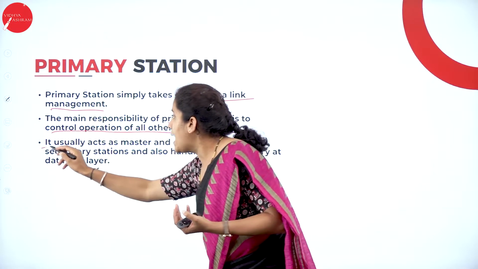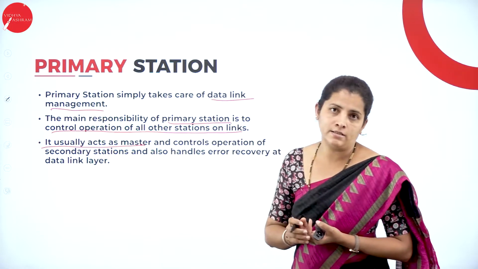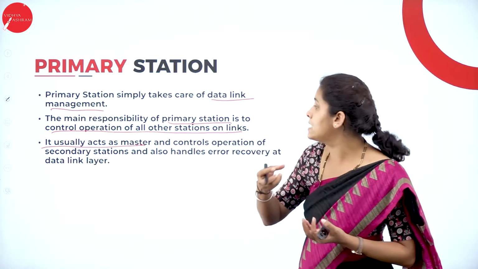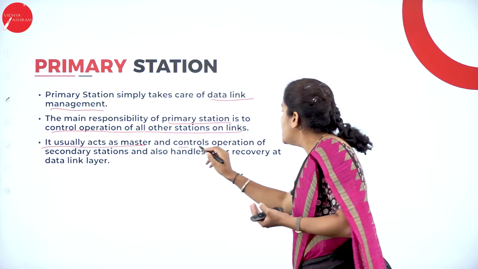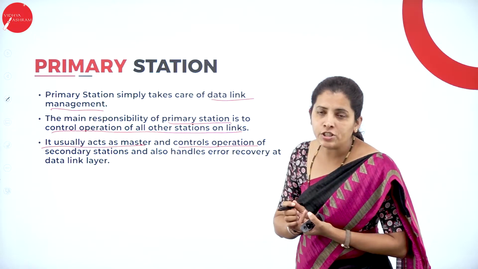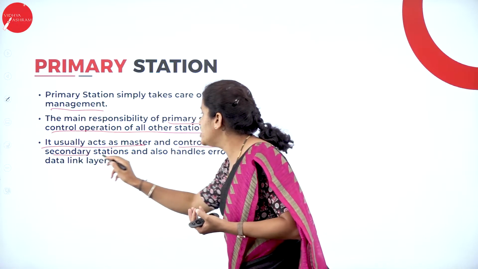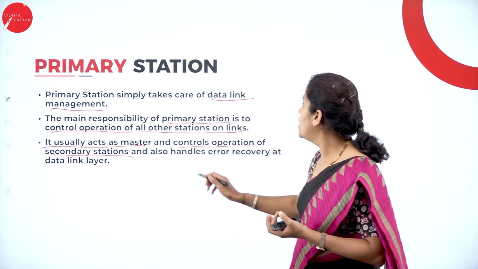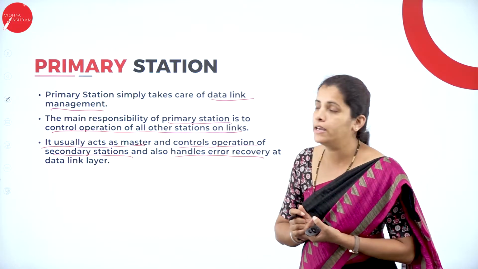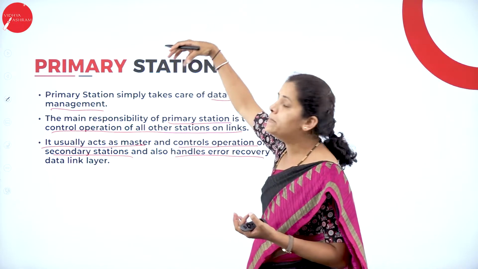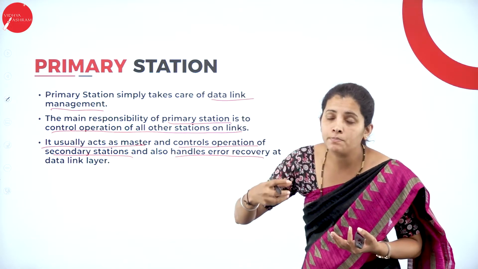In a network link, all the stations are connected to each other. So, it acts as a master. That means it controls and coordinates operations of secondary stations and also handles error recovery at data link layer.